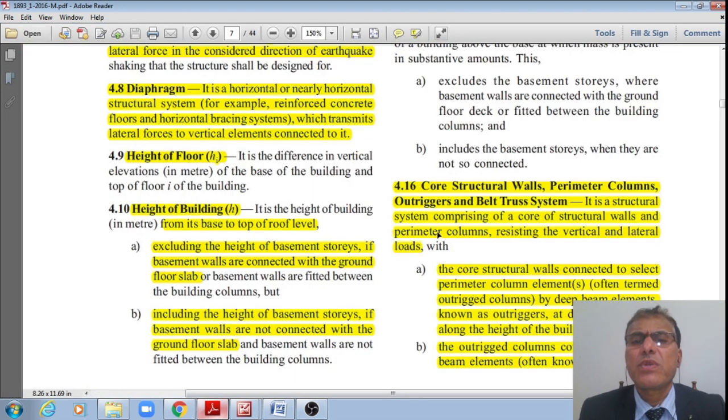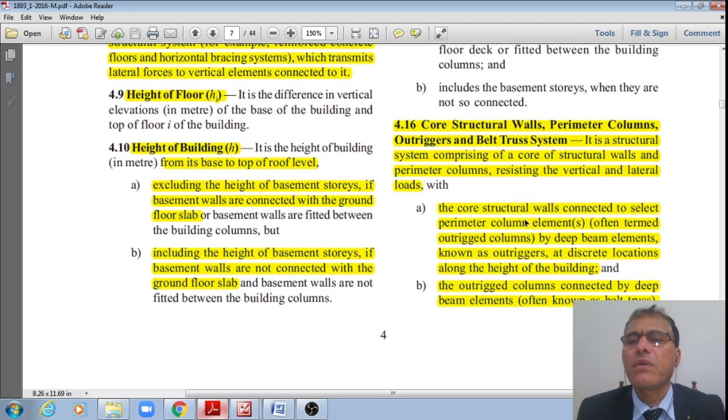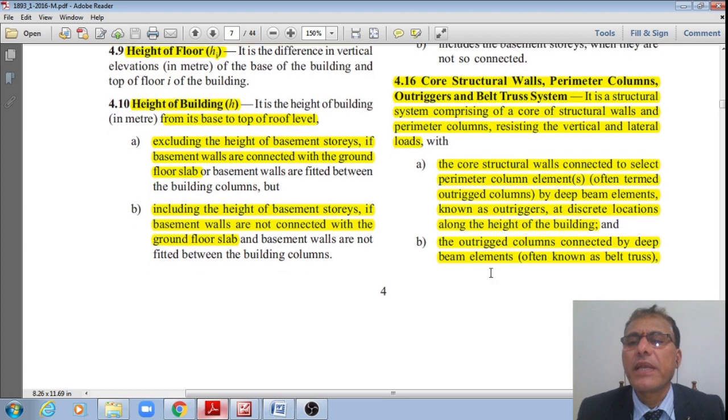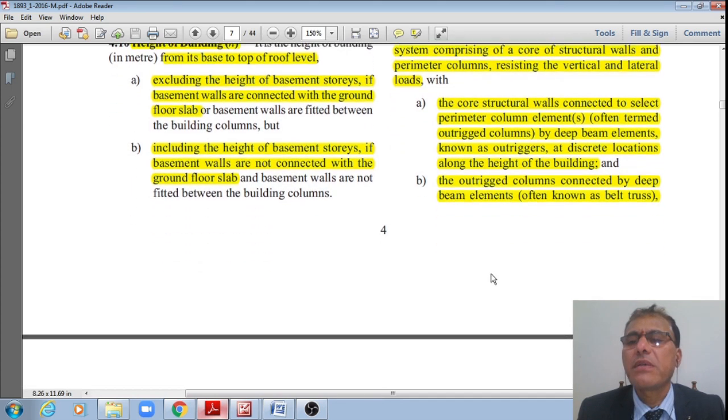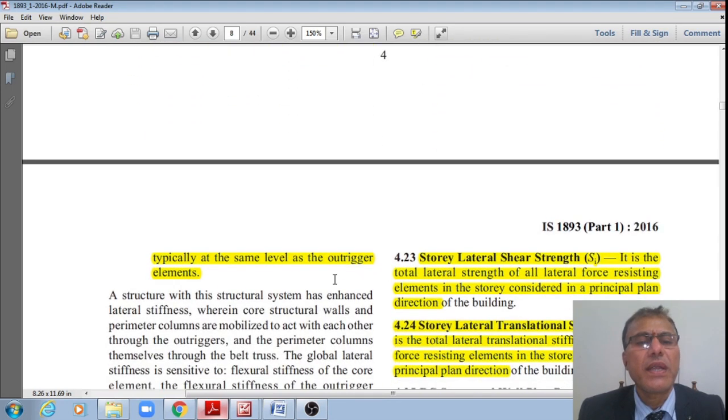Therefore, it is the structural system comprising of the core of structural walls and perimeter columns resisting the vertical and lateral loads, with the core structural walls connected to select perimeter columns or column elements, often termed as outrigger elements, by deep beam elements known as outriggers at discrete locations along the height of the column, and the outriggered columns connected by deep beam elements, often known as belt trusses, just now I have shown in that figure, right?